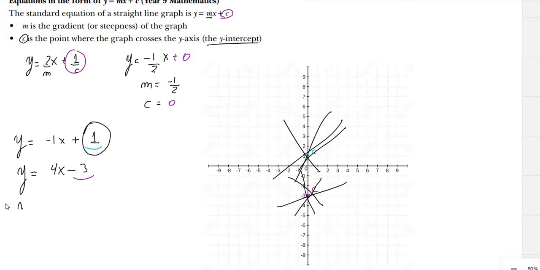Again, if I have an equation, for example, 2x minus 4, then this value over here, minus 4, will be this dot over here. This will be c. And the straight line will cross the y-axis at that point, okay? So that is why it says the y-intercept, okay?